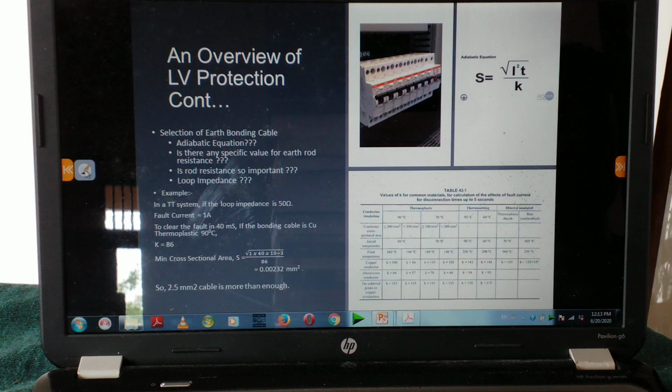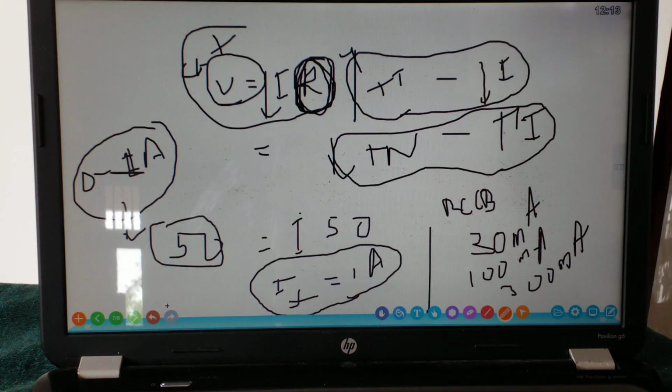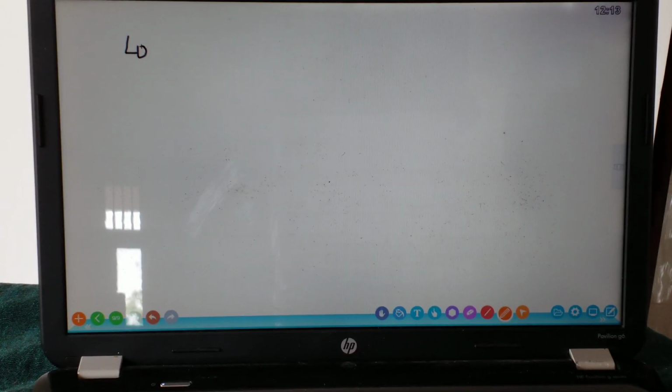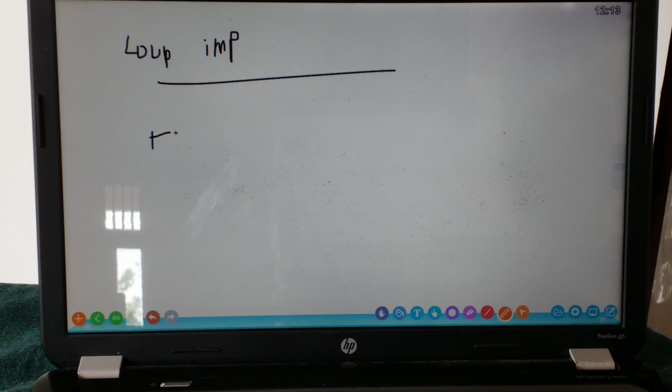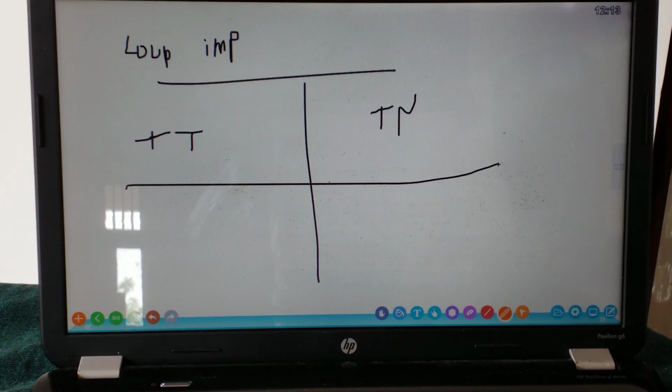And again, if we go to this, loop impedance here may vary from 0 to 20 ohms.